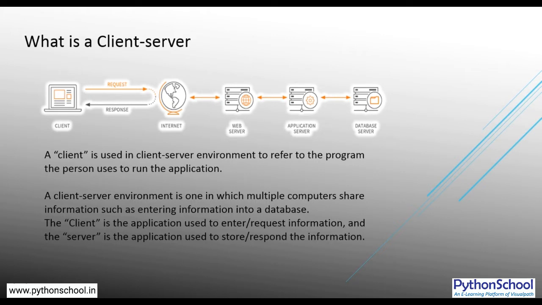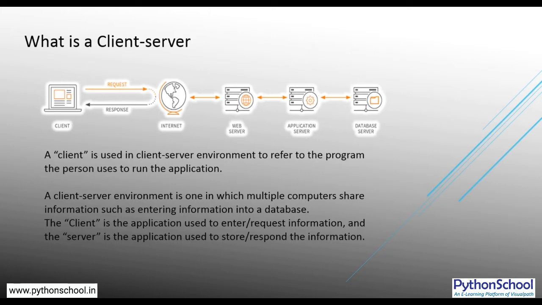So in this diagram we can see that there is a client which is requesting and getting a response from the internet, and through the internet there are three types of servers attached, like web server, application server, and database server. So first we look into what is a client. Client is used in a client server environment to refer to a program the person uses to run the application.